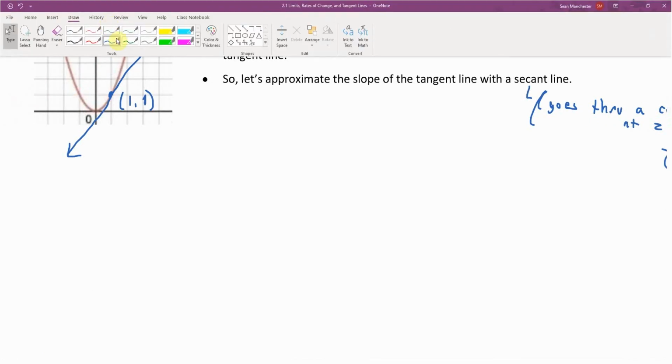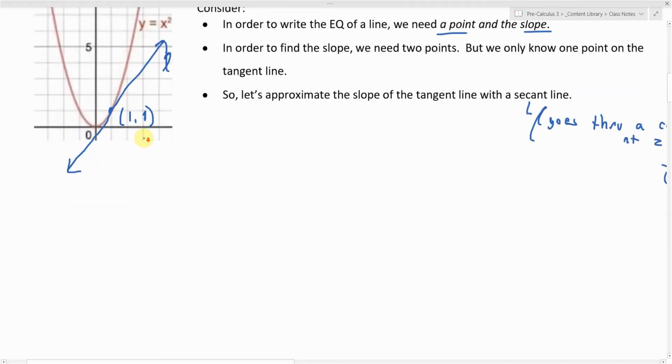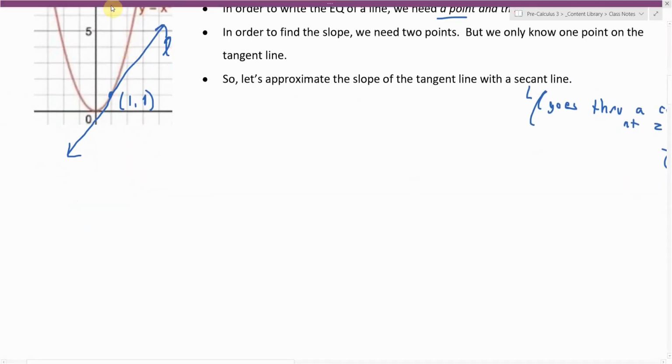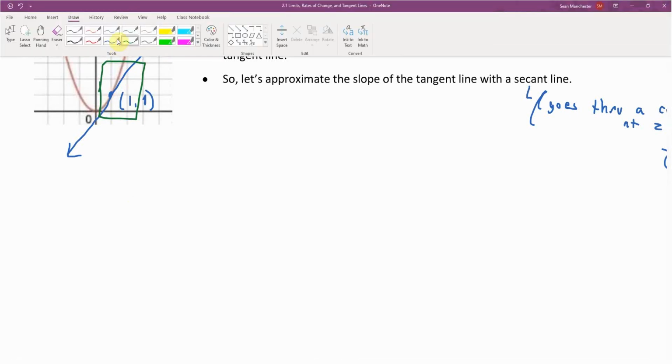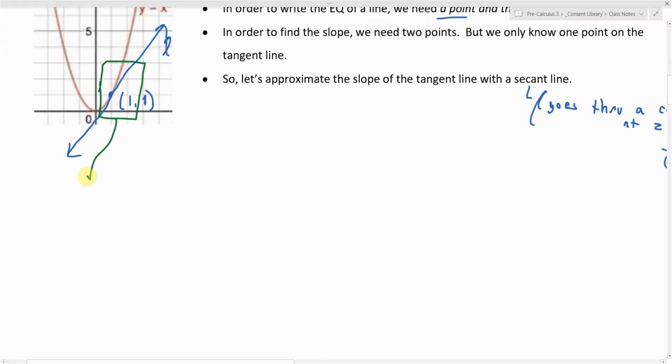What I'm going to do is zoom in on this region right here. So I'm just going to look right here and zoom in on this space. So we would have that red curve, and I'm going to exaggerate the curvature a little bit to make my diagram a little more visually discernible.